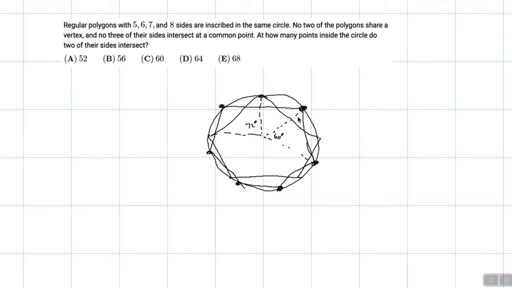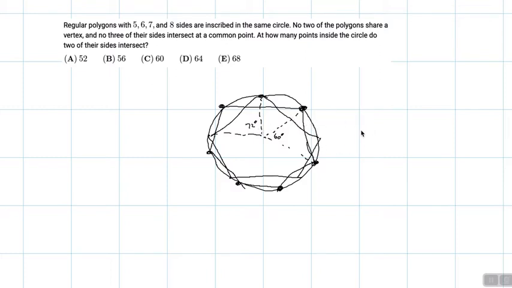And there isn't any more or any less because the central angle of a regular hexagon is less than a regular pentagon.